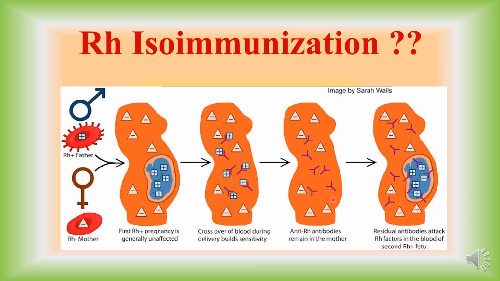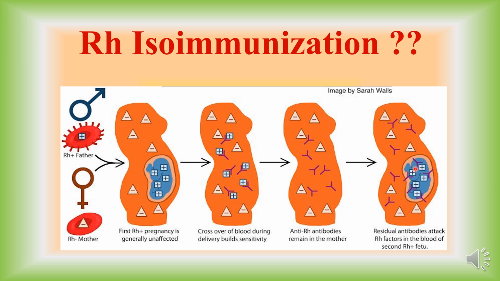Now in the next pregnancy, when the fetus is Rh positive, then these Rh antibodies enter into the fetal circulation, causing fetal hemolysis, neonatal jaundice, and neonatal death or miscarriage.